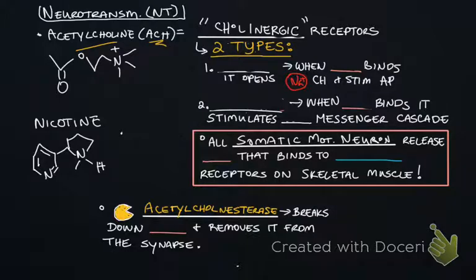And we've discussed one of those before, a nicotinic receptor. And what happens with nicotinic receptors is when acetylcholine binds, it actually opens a sodium channel and stimulates that action potential. So make sure that you know what nicotinic receptors do when acetylcholine binds. Another type of cholinergic receptor is a muscarinic.